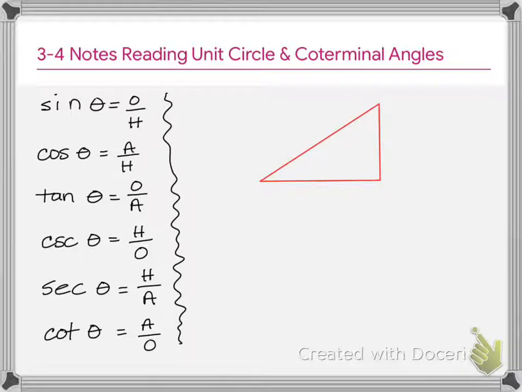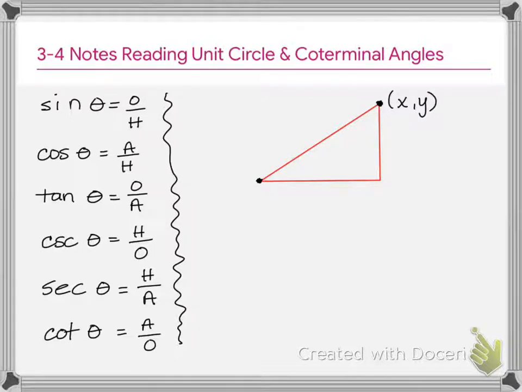Let's take, for instance, that this right triangle is in the unit circle. So this will be the center of that unit circle, and this is one of the points sitting on the circumference of that circle. We're going to label it x comma y.